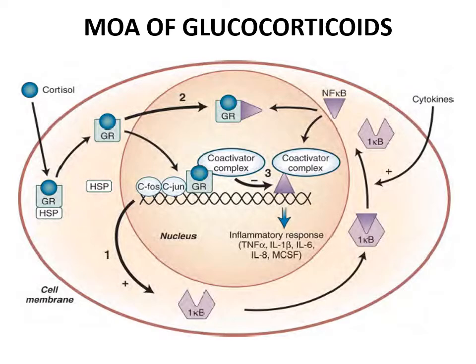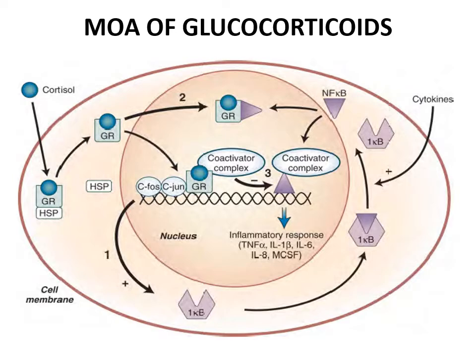So now coming to mechanism of action of glucocorticoids. The binding of glucocorticoid to the glucocorticoid receptor in the cytosol results in activation of the steroid receptor complex through a process which involves the dissociation of the heat shock proteins, that is HSP90 and HSP70.